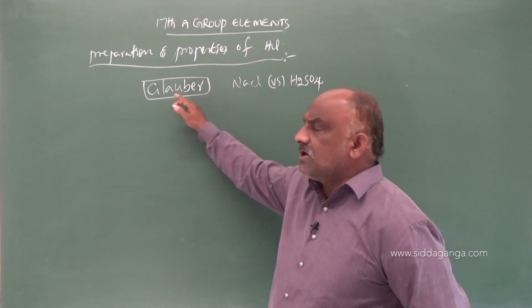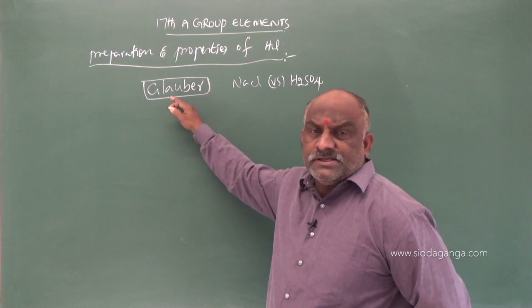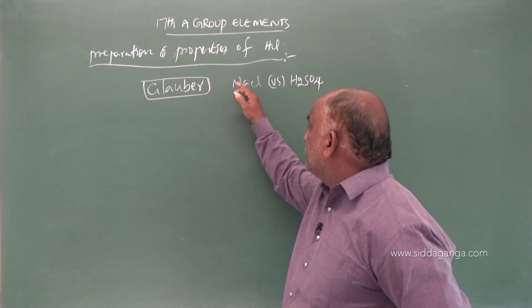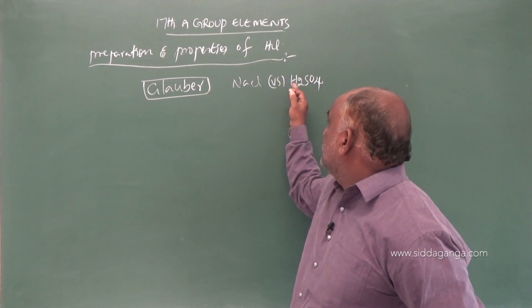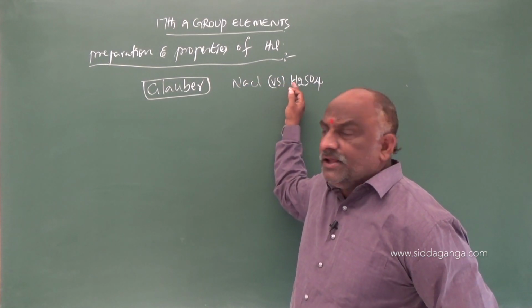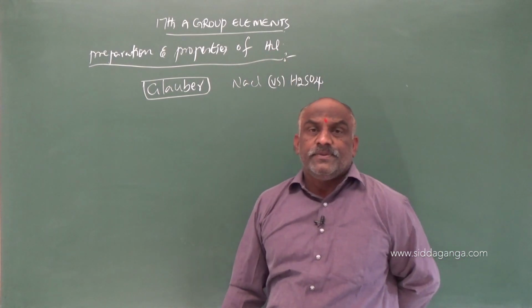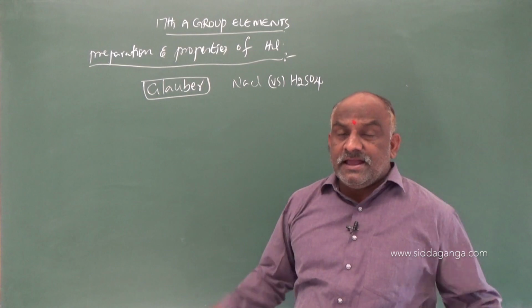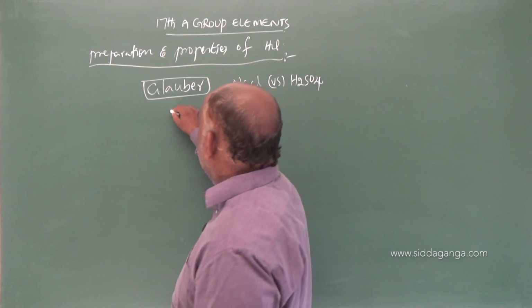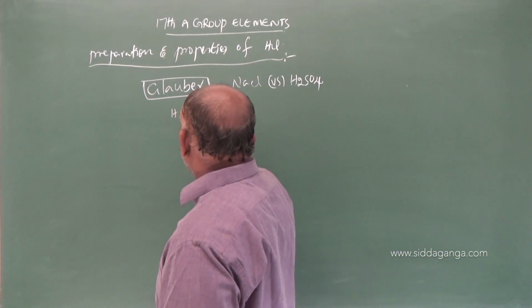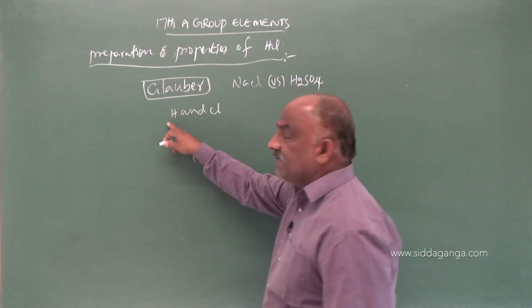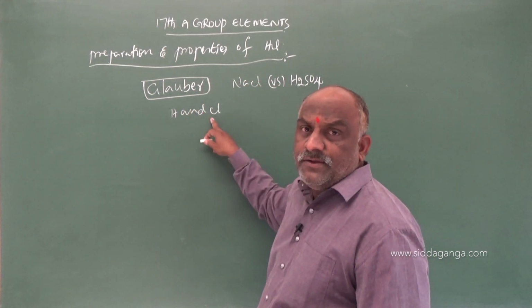Glauber did the experiment between sodium chloride and sulfuric acid, and he found one new gas. That gas is called hydrochloric acid, and that gas contains hydrogen and chlorine.